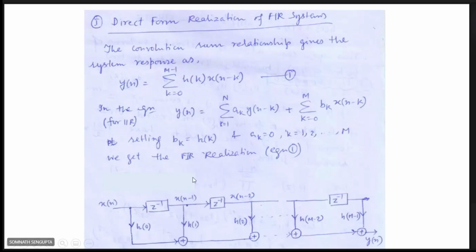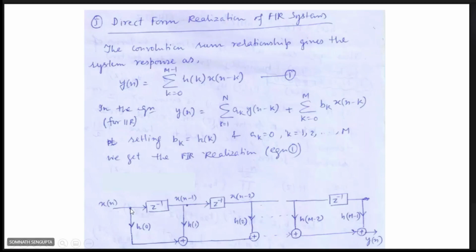With this concept we can represent y[n], the final output term, as you can see in the diagram at the bottom. It is written that x[n] is first delayed, so it becomes x[n-1], then again delayed, it is x[n-2], and it is continuing.